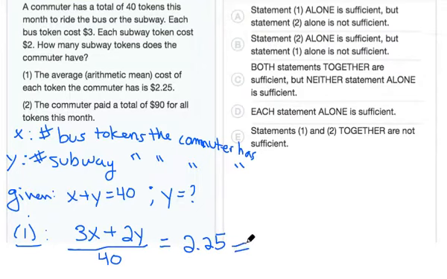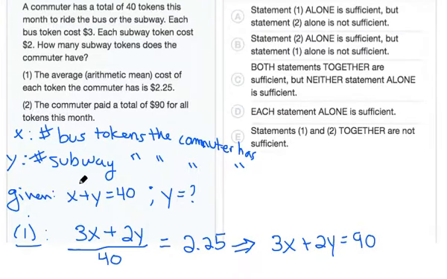Now, clearing fractions and simplifying a bit, we can multiply both sides by 40, and we would end up with 3x plus 2y is equal to 90. Now, this equation compared to the given equation, they're actually unique.